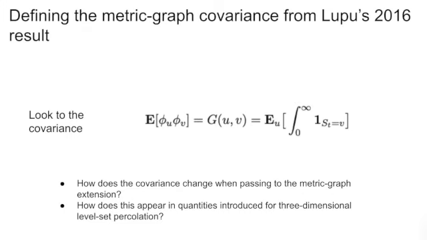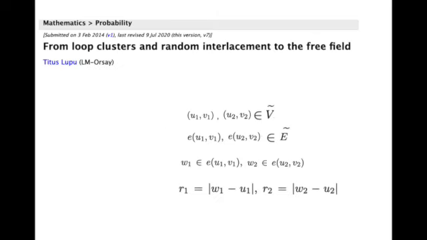And to first answer the question that we raised in the previous slide, with regards to how one would define the covariance function, which plays the role of the Green's function in the regular Gaussian free field, for the metric graph Gaussian free field, we will make use of one paper by Lupu, which was first available in 2014, and it's titled From Loop Clusters and Random Interlacement to the Free Field.